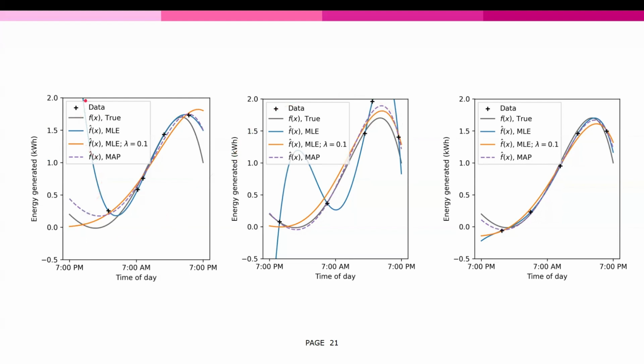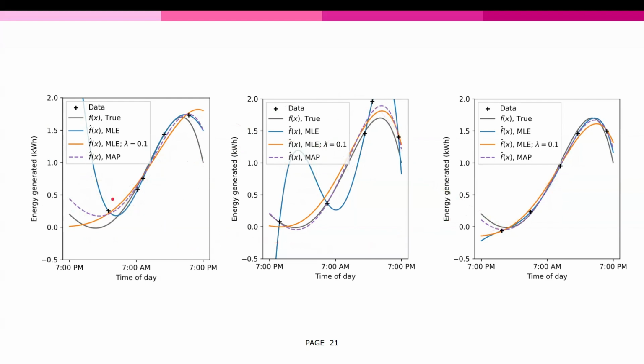So yeah, quick recap. Because the MLE estimate didn't incorporate any prior knowledge, we saw that it overfit on small data sets. Ridge regression fit did a little bit better. The regularization helped control the amount of overfitting.